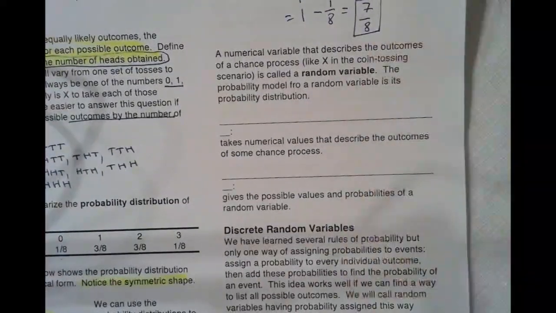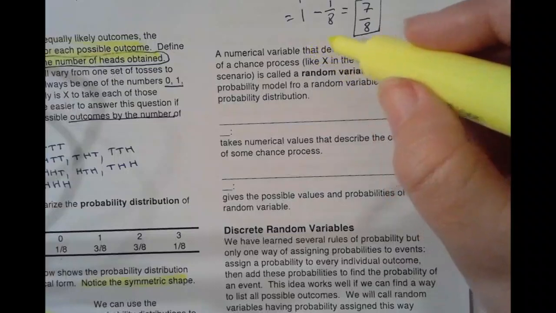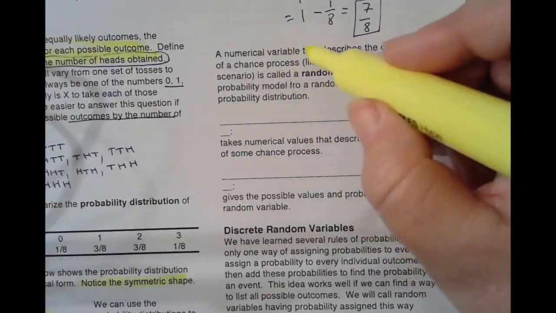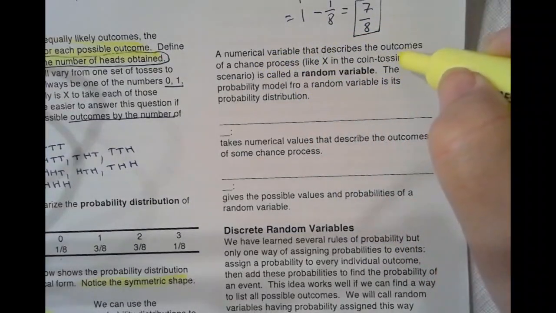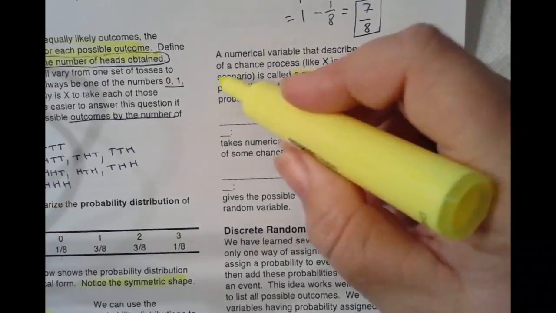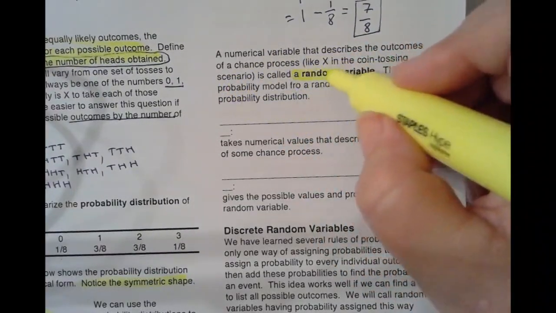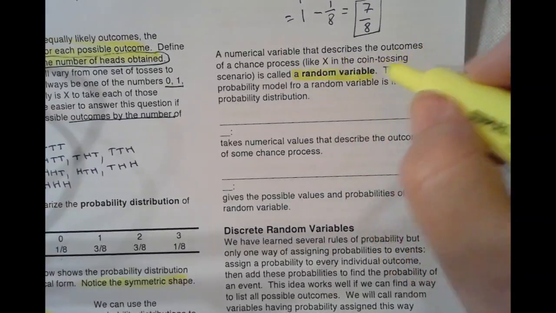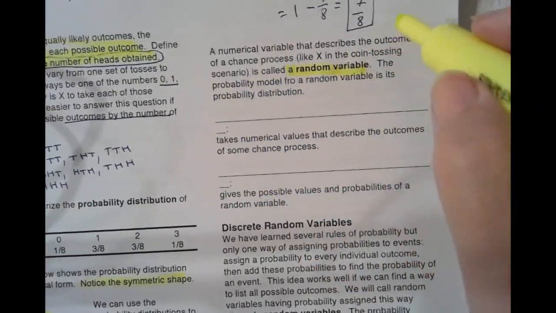A numerical variable that describes the outcomes of a chance process, like x in tossing a coin, is called a random variable. The probability model of a random variable is its probability distribution.